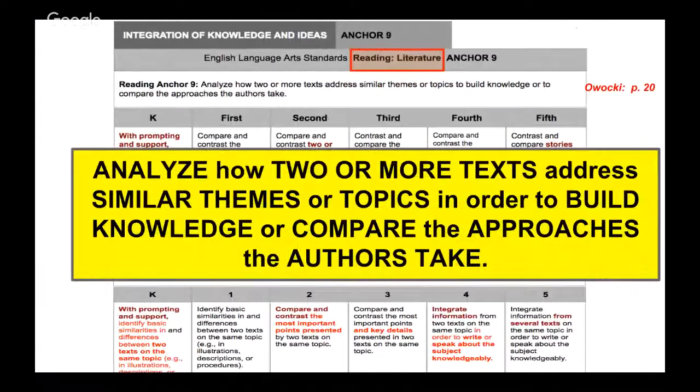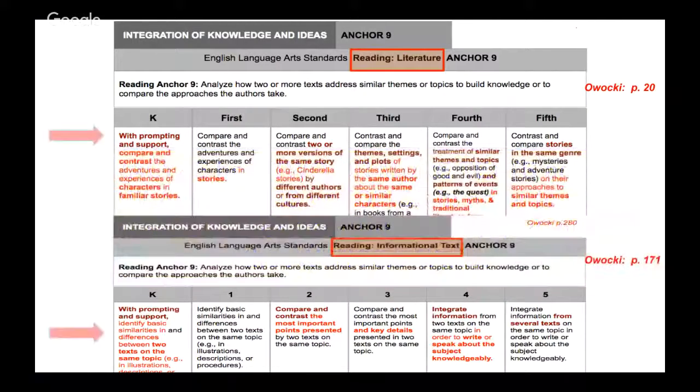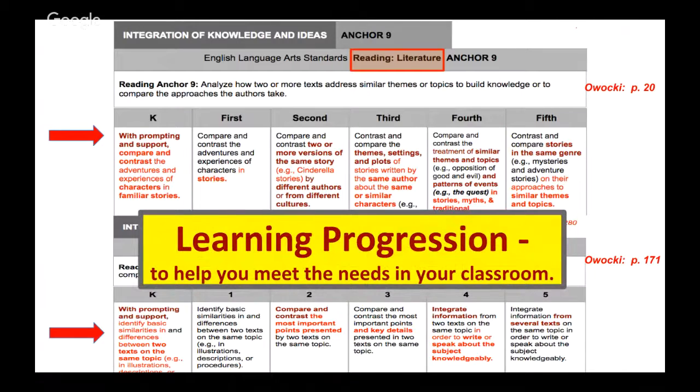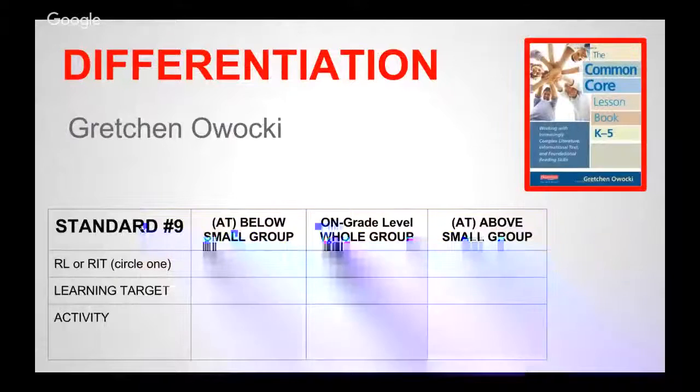So we take this analyzing of themes and topics across texts to look at how that's worked with literature versus informational text, and what is the level of rigor at your grade level, above and below your grade level. So here again is the centerpiece for your planning, the learning progression for standard 9, so that all kids are going to be able to move forward in your targeted instruction.